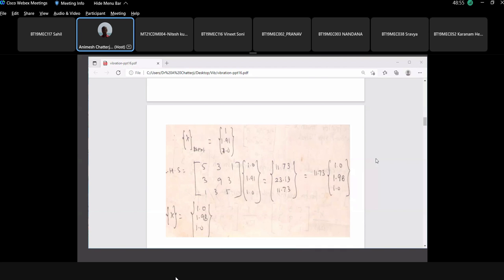I'm accepting this question. A little before I said that as an engineer, we generally try to give focus to the lowest natural frequency. For example, if it is earthquake, if it is cyclone, definitely the lowest natural frequency is more important, but that doesn't mean that resonance at omega 1 will be more dangerous than resonance at omega 2.